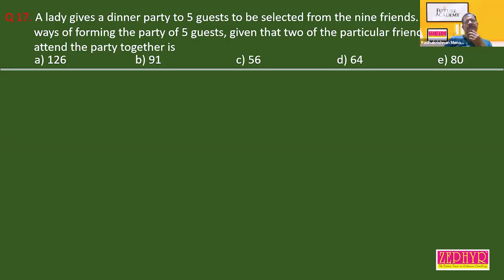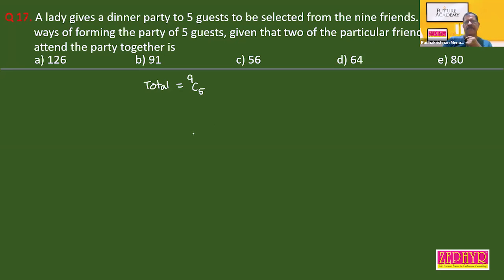Total is 9C5. 2 friends will not attend together.